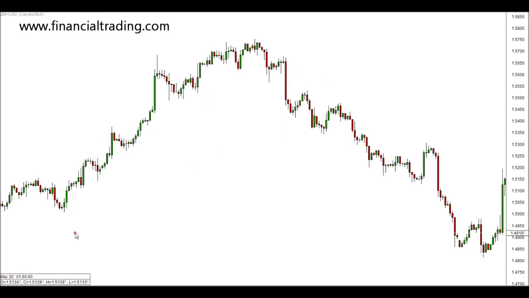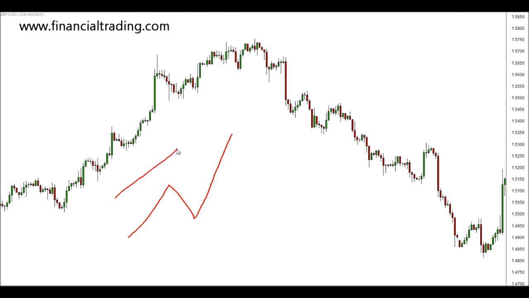Well, quite simply, a head and shoulders pattern can be the mark of a lower low, a lower high, and then a push to the downside. These three things, the characteristics of a downtrend. So we have a push, a pullback, a push.